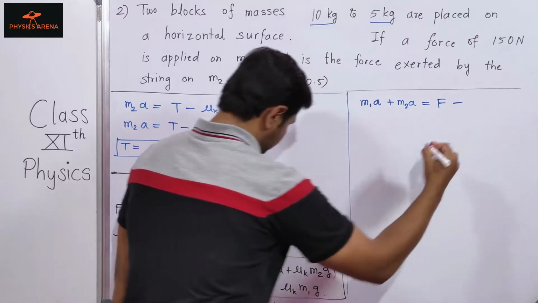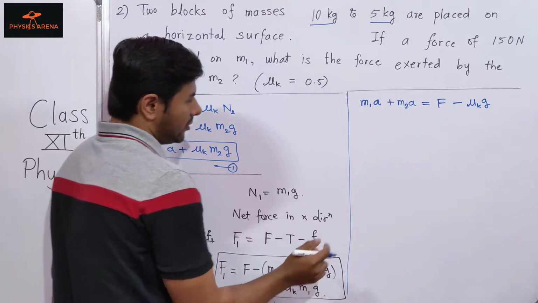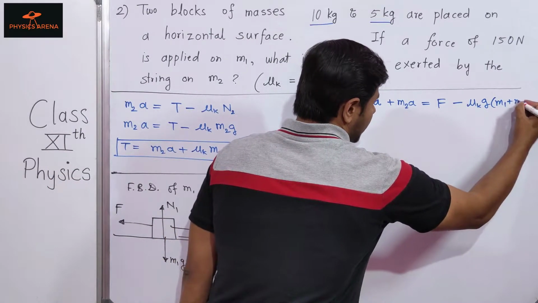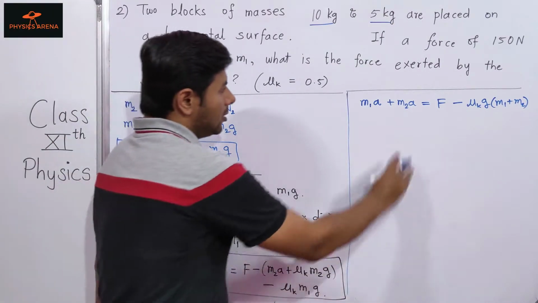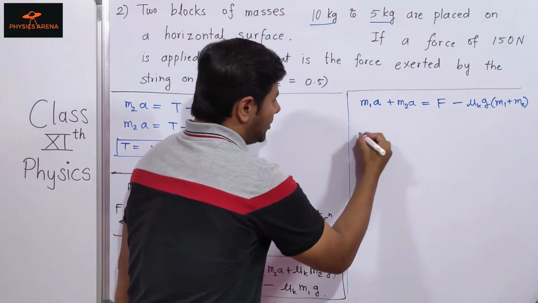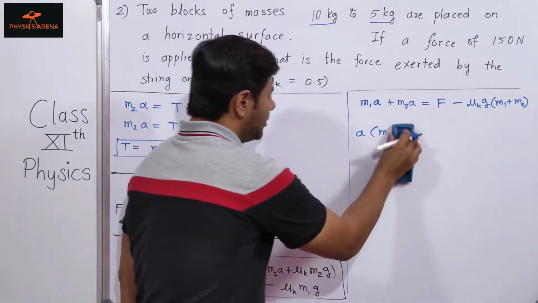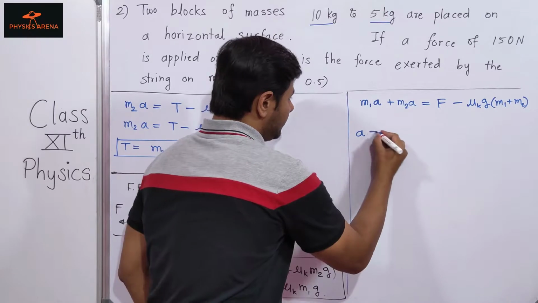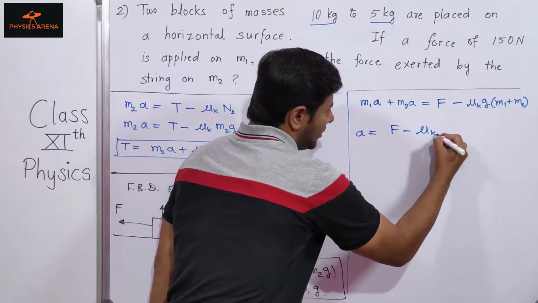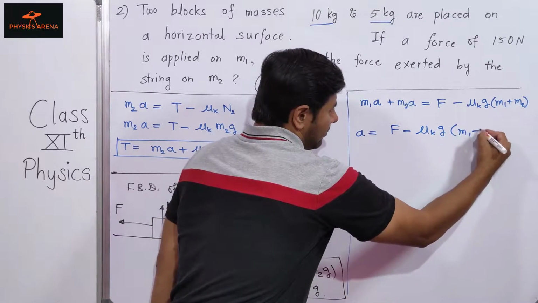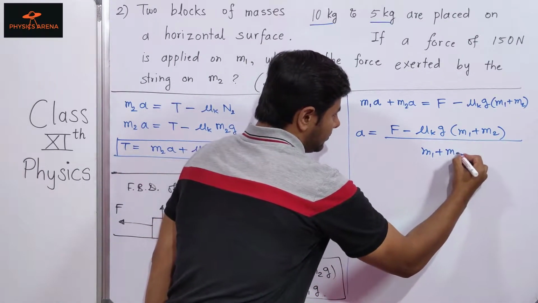So I have minus of mu k times g, and I am left with m1 plus m2. Let's check that. Okay, seems correct. Then I can take A common on the left hand side. So I have m1 plus m2, I will take it to the right. So it goes in the denominator. So A is equal to F minus mu k times g multiplied by m1 plus m2, and all divided by m1 plus m2.